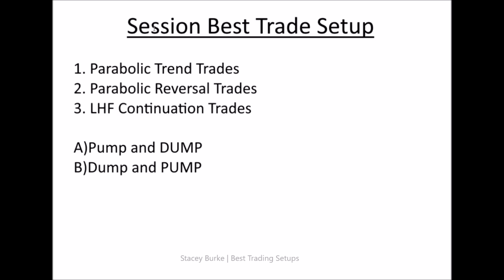Before we do that, I just want to review what a session best trade setup will look like within that bigger template. We can have parabolic trend trades for range expansions. We can have parabolic reversal trades: high of week to low of day, high of week to low of week, low of week to high of day, low of week to high of week.